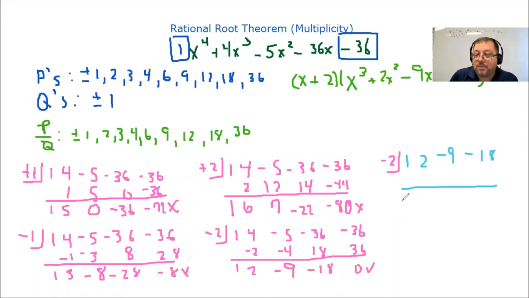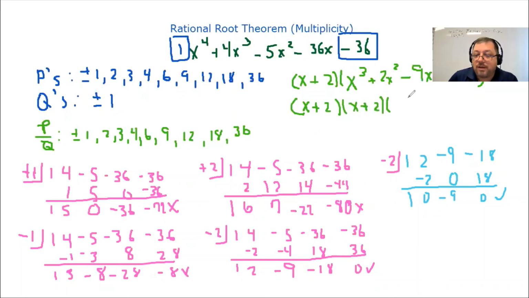Draw my line, bring down the 1. Negative 2 times 1 is negative 2. That gives me a 0. Negative 9 plus 0 is negative 9. Negative 2 times negative 9 is positive 18. That gives me 0. So we have another solution. This is the case of multiplicity. It's why you cannot just do the solutions. You have to go through this, because now this becomes x plus 2 times x plus 2.